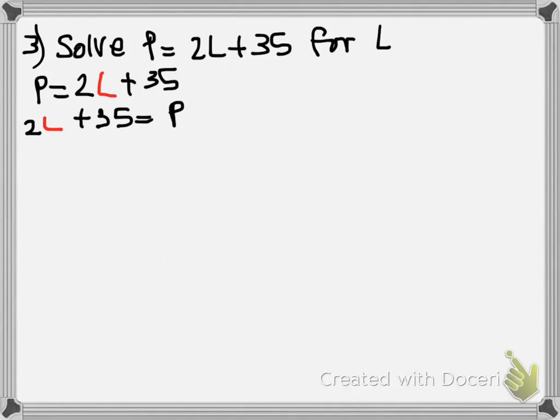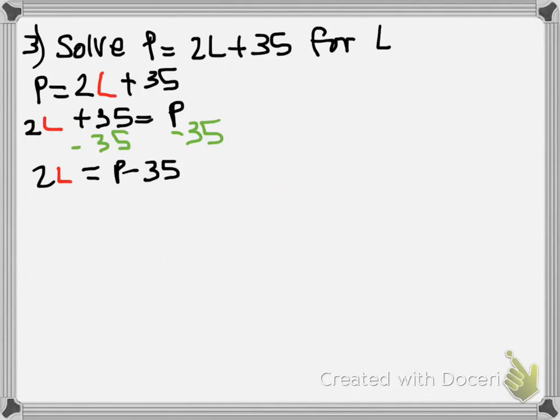You can subtract 35. Okay, and the key is to subtract it from both sides. Good. So now I get 2 times the L is equal to, can I actually subtract 35 from P? No. Yeah, because I don't know what the P is, so I just write P minus 35. It has to go in that order, positive in front, negative in the back.